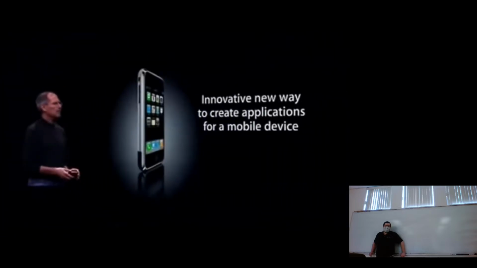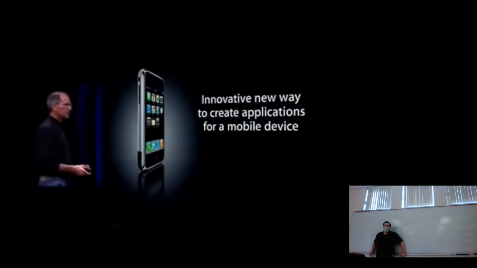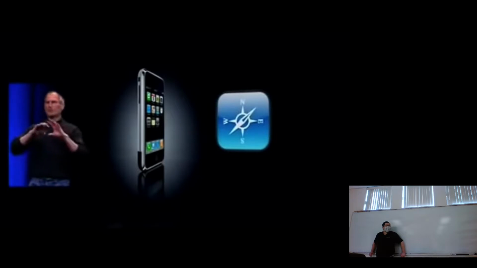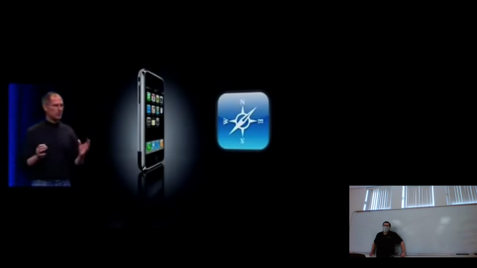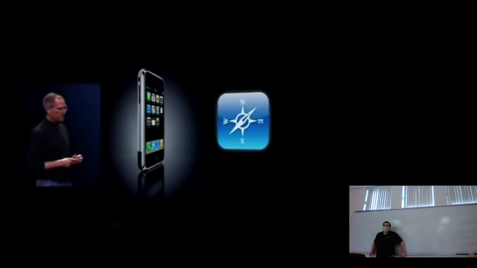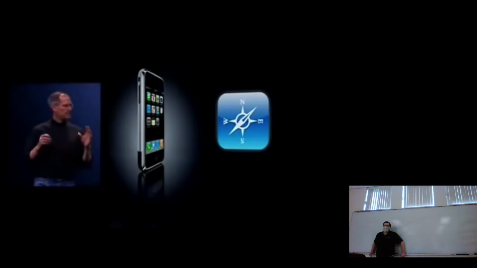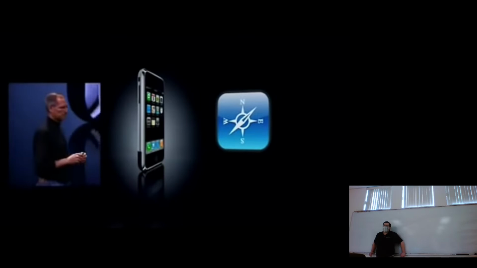So, we've got an innovative new way to create applications for mobile devices. Really innovative. And it's all based on the fact that iPhone has the full Safari inside it. The full Safari engine is inside of iPhone. And it gives us tremendous capability, more than has ever been in a mobile device to this date.